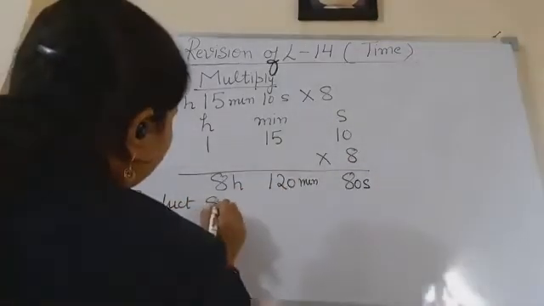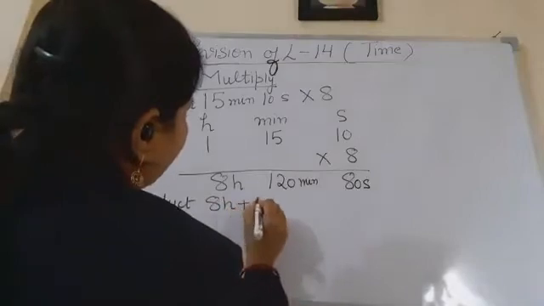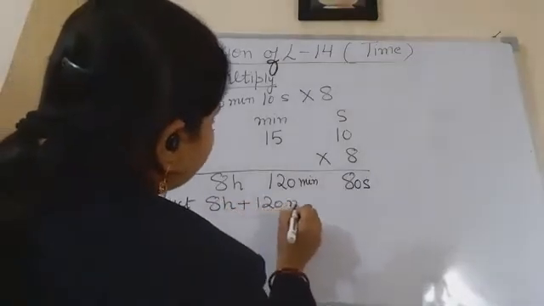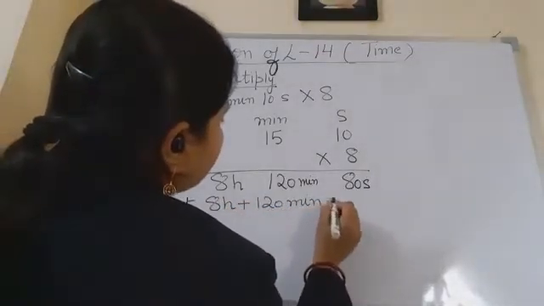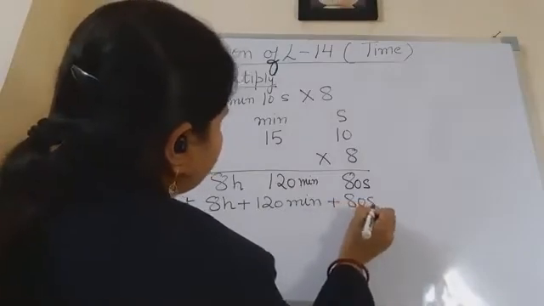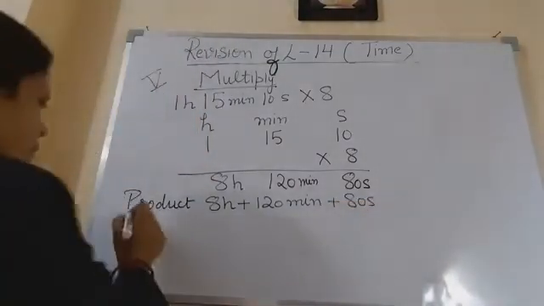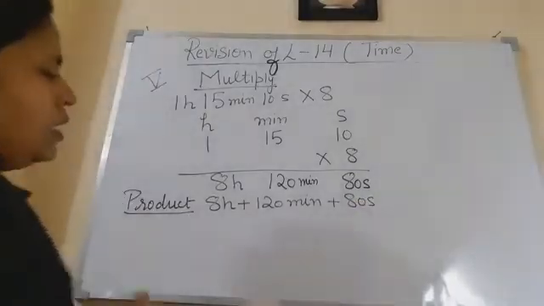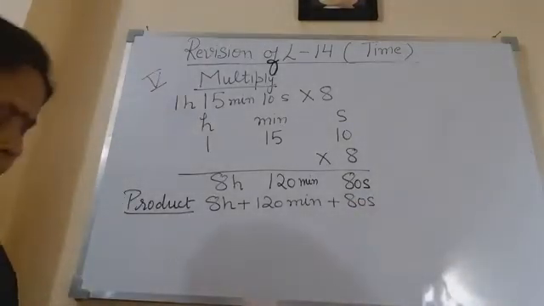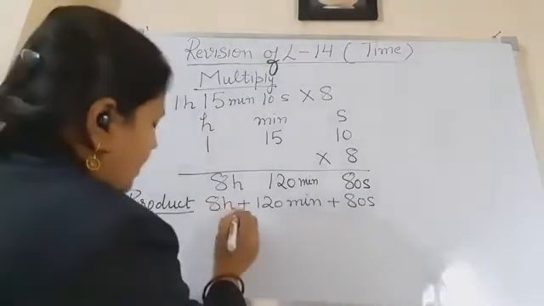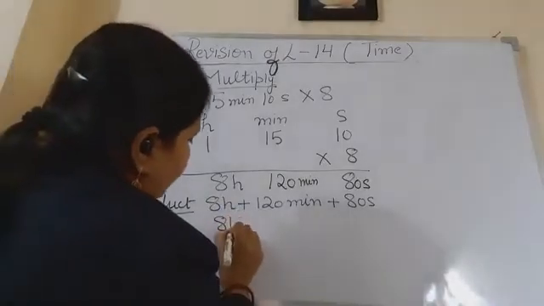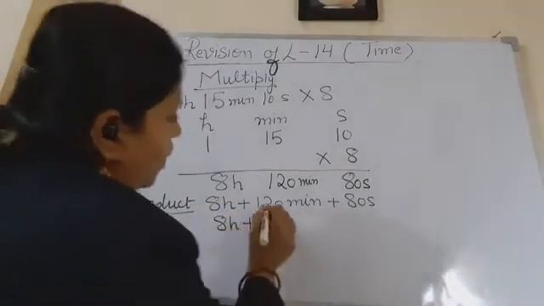We can write it as 8 hour plus 120 minutes plus 80 seconds, right? So now let us start the regrouping. Children, 8 hour will be written as 8 hour only. And now 120 minutes.